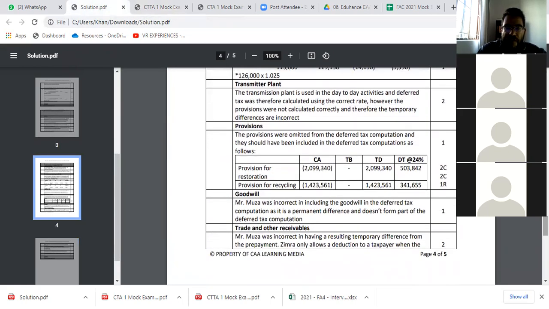We will have to have a look. What is the provision? So remember, SARS don't care about the provision, so the tax base is going to be 0, but we need to work out what the provision is at 31 December 2019. So I'm going to show you how to do it, and then from there we will have a look at what needs to be done.